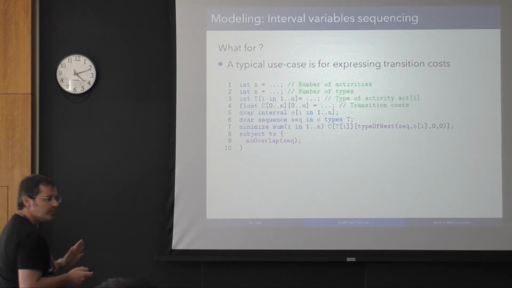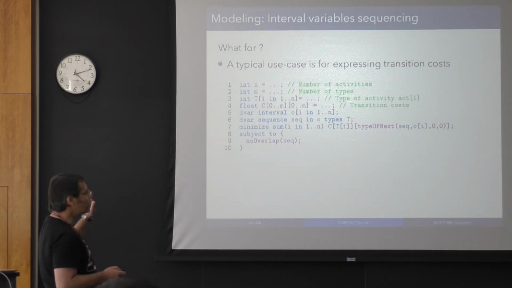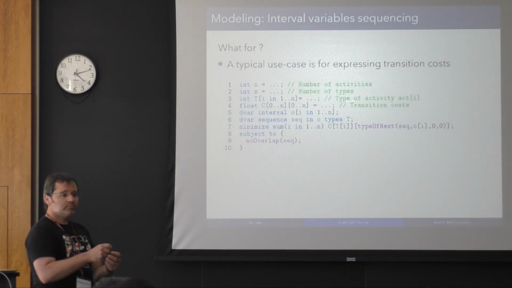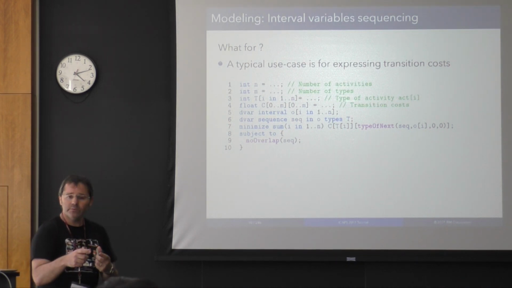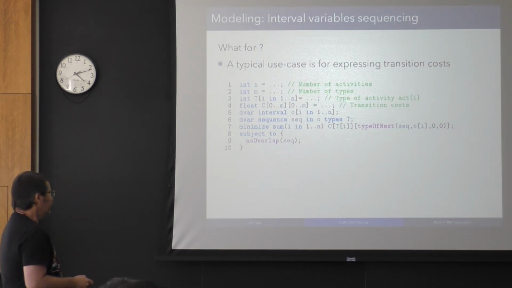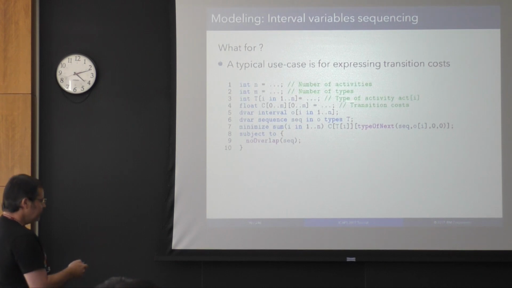A typical use case for this is when you have transition costs. Suppose that you want to minimize. It's not transition time, because that would push the next activity, but a cost. Here you can use this type of expression.